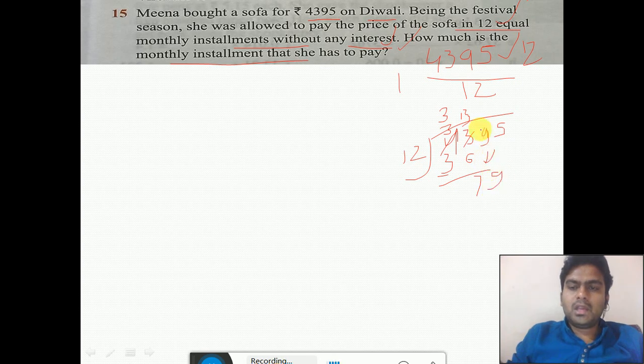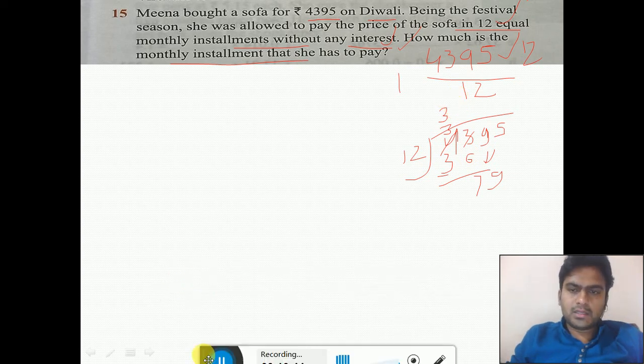Now 12, read the table of 12. 12 6s are 72. So we will write 72 here, then subtract.